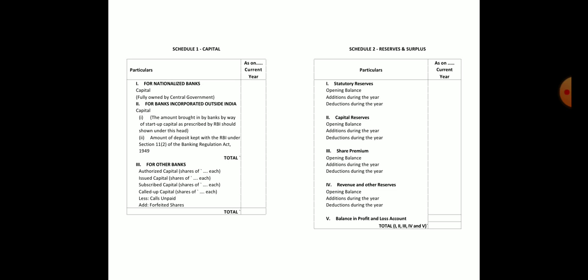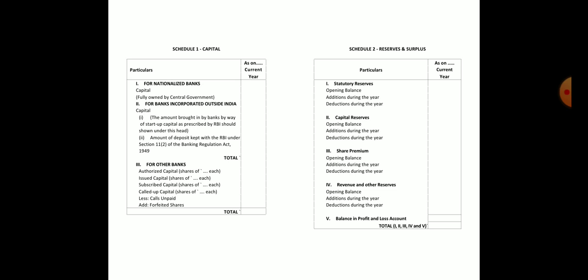Second, for banks incorporated outside India, we have capital from outside India or by the RBI. And for other banks, we have share capital, which we have already studied in share capital. Then there are reserves and surpluses under schedule 2.